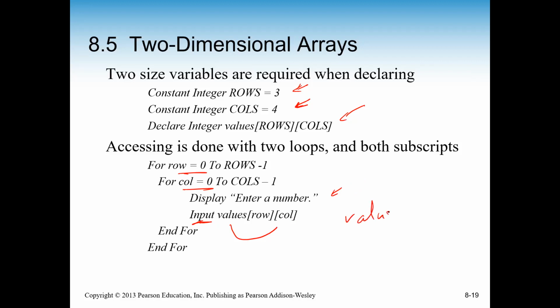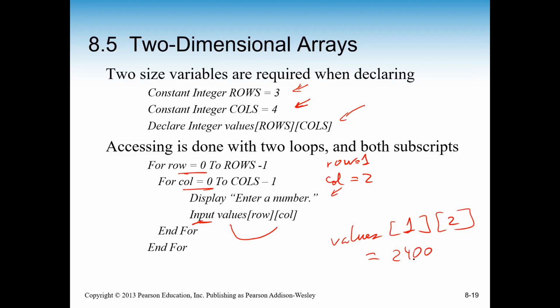So you're going to say values, and let's say that you're currently at row 1 in column 2, so then it's going to be 1, 2. And therefore you're going to enter some value. Let's say that the value is 2400. And so that's how that works.